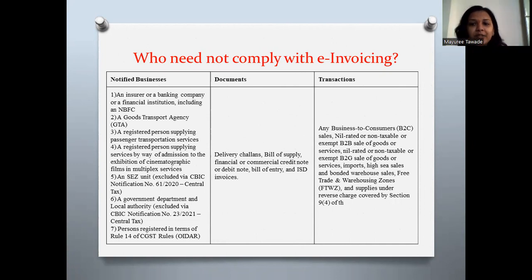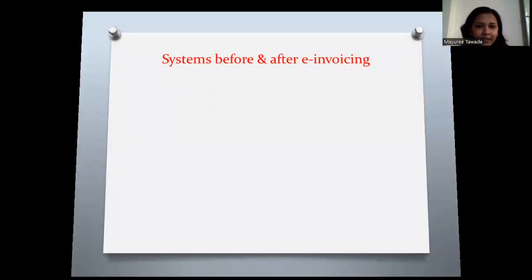As for transactions, any business to customer, that is B2C sales, nil rate or non-taxable or exempted B2B sales of goods and services, nil rate or non-taxable or exempted B2G sales, imports, SEZ sales and bonded warehouse sales, free trade and warehousing zones, and suppliers under reverse charge covered by section 9(4). So these people need not comply with e-invoicing, those who come under this category.